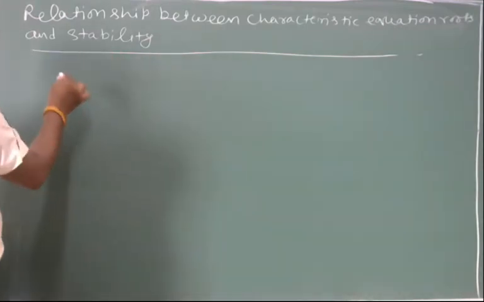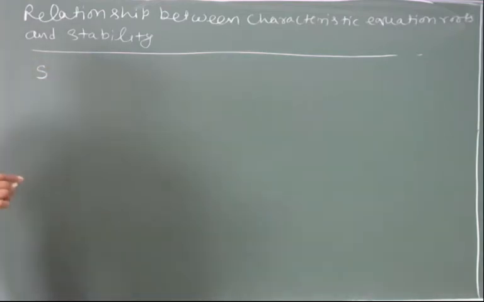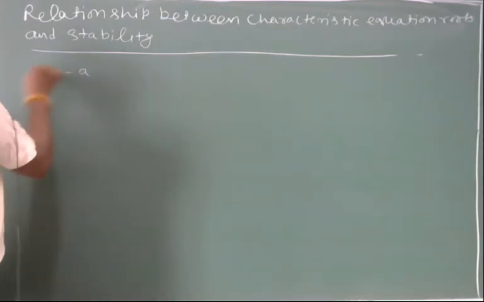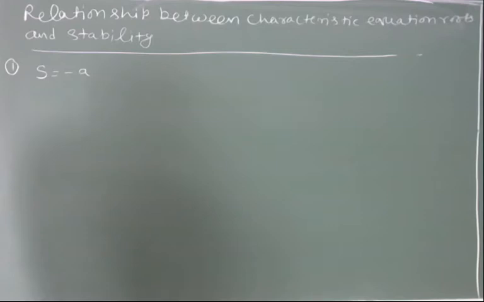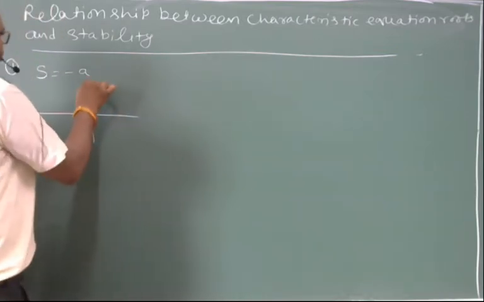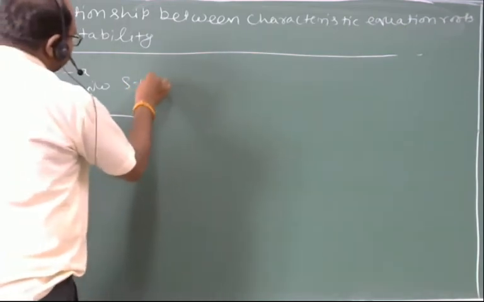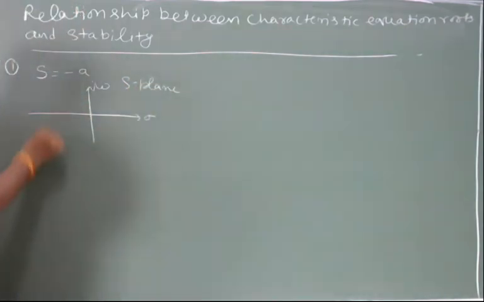So, let us suppose our roots are in the left half of S plane, that is S is equal to minus A, first condition. It means if it is j omega and this is sigma, S plane, then minus A will be here, right?